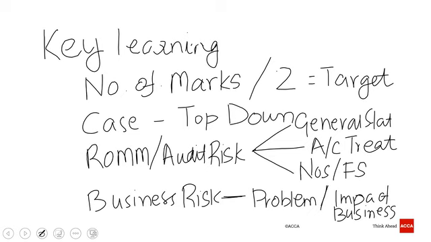I hope you got the key learnings from the session yesterday, and you need to ensure that you are properly implementing the learnings from yesterday in terms of audit risk, the risk of material misstatement, and business risk. So be assured of the number of marks, be assured how to identify a risk, be assured how to write a risk, and be assured that no risk can end without an impact.